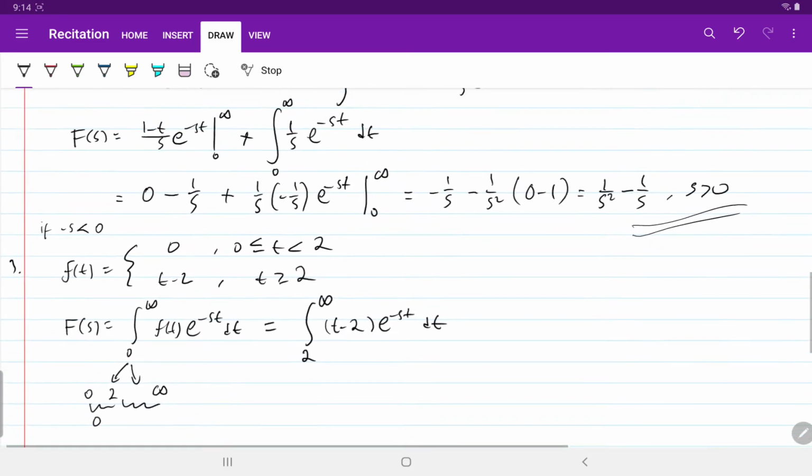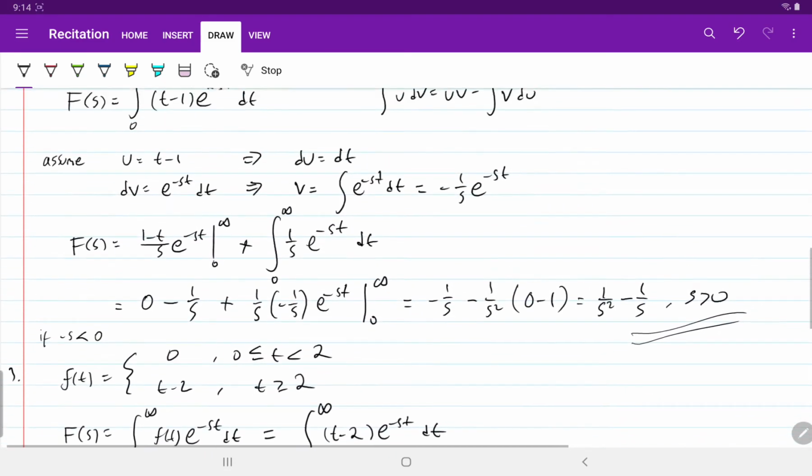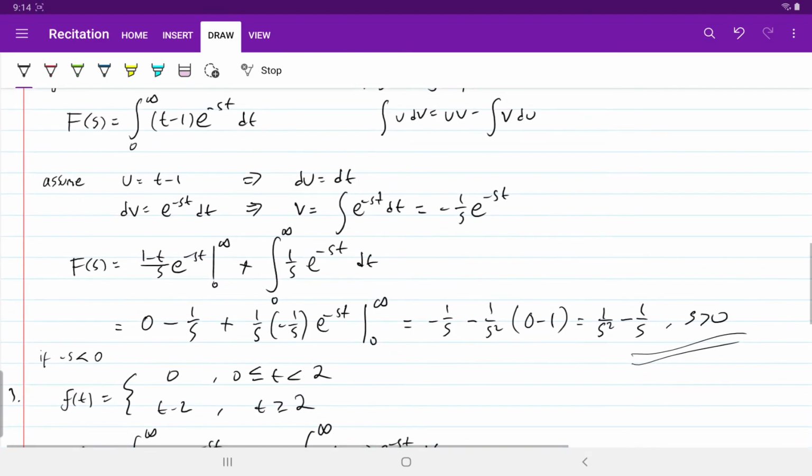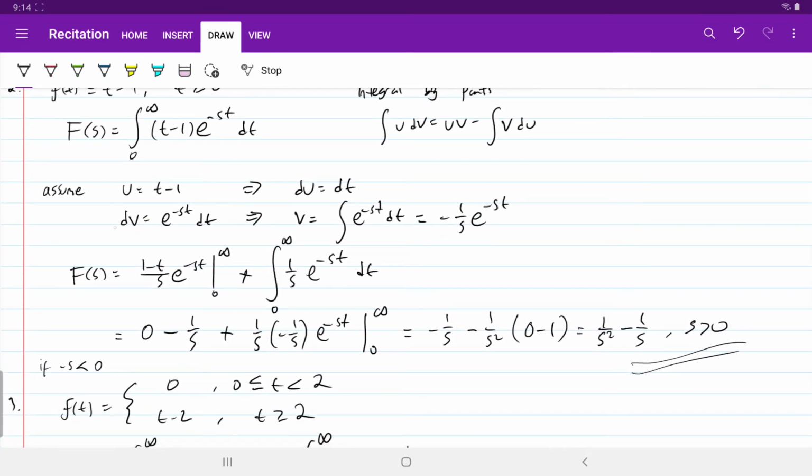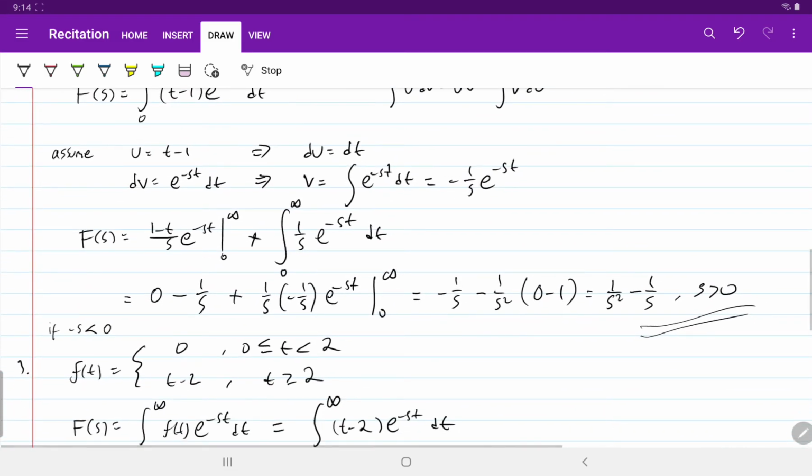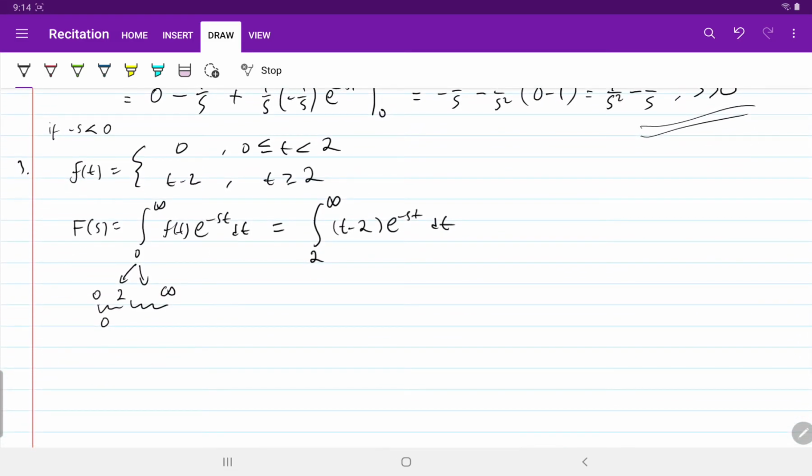Okay, we can solve this using a similar approach as in problem number 2. You can use integration by parts.